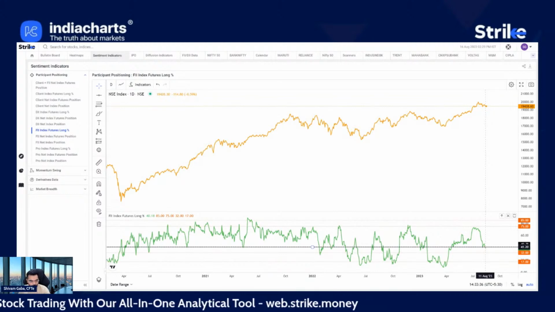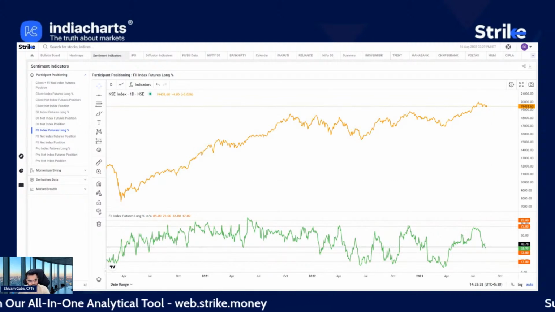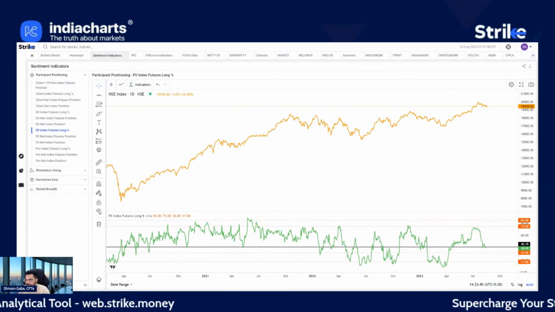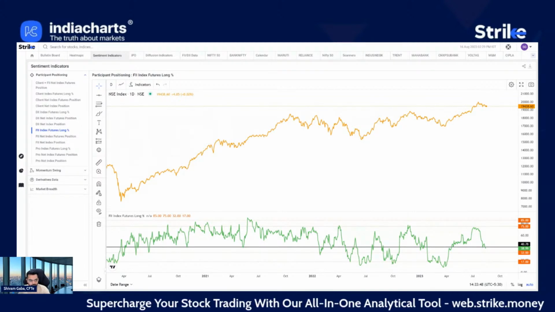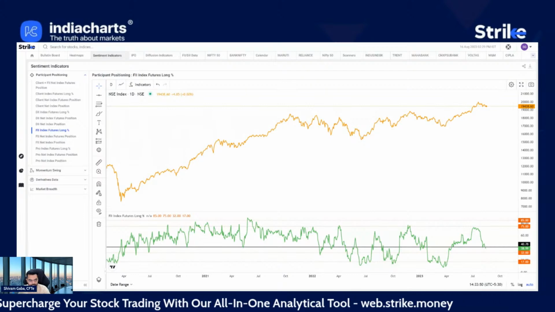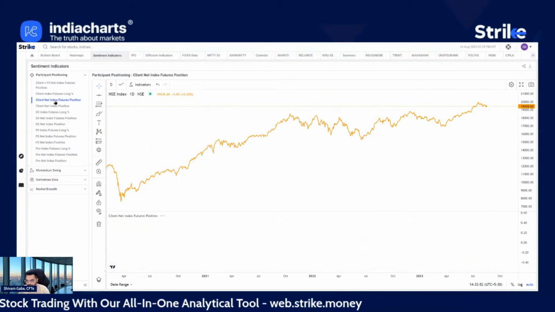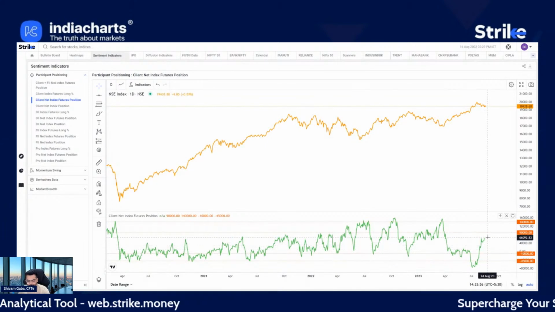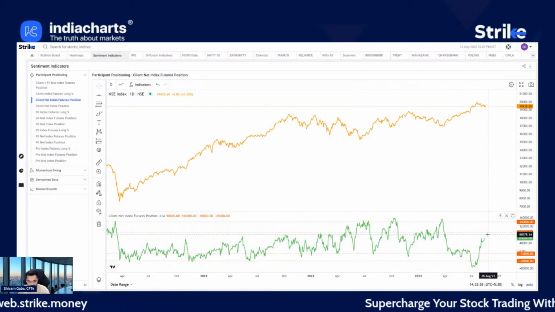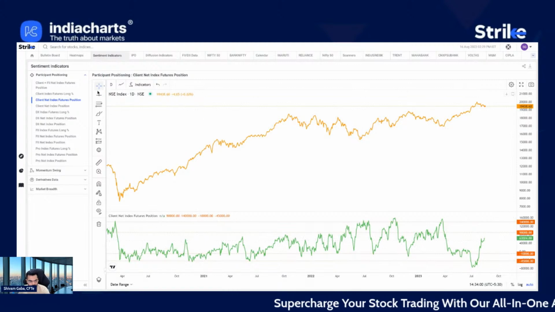You can see all different kinds of participants' positions you can track here, be it client, be it DIIs, which is domestic institutional investors, or the prop account. If you look at the client, which is usually the reverse of FIIs, they build longs on the way down, and in terms of this we can still see some room.